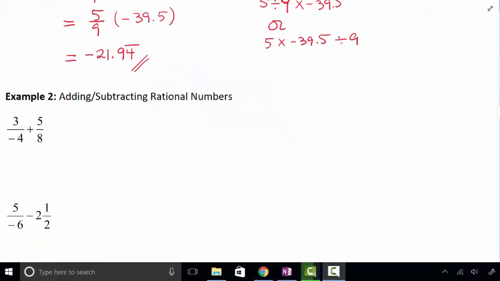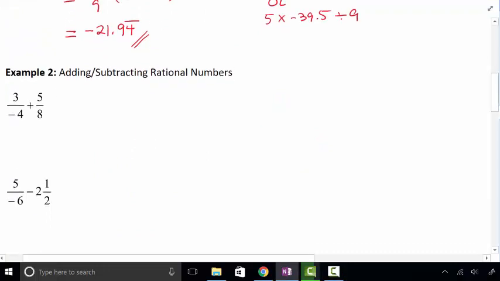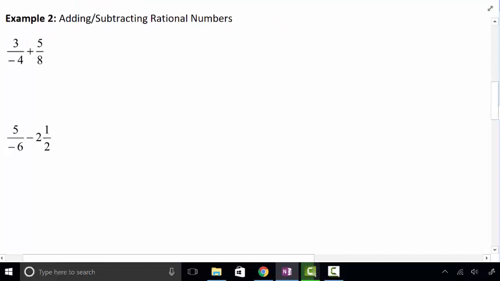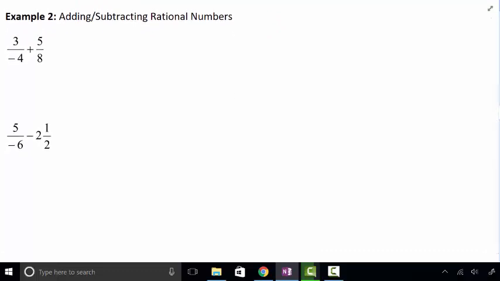Okay, so that's the first example. So let's try adding and subtracting rational numbers now, and we've done this already, but what we need to do now is I'm going to add a few more negative signs here and there, so we do need to be careful here. What I want to do in this case is, you see that negative is on the bottom, the denominator.